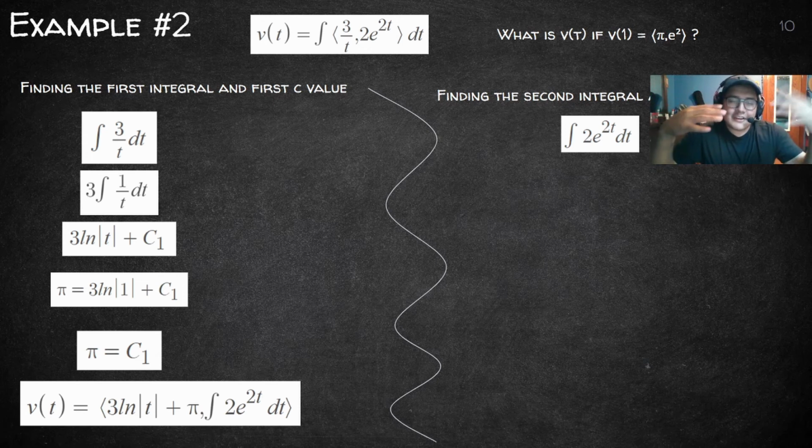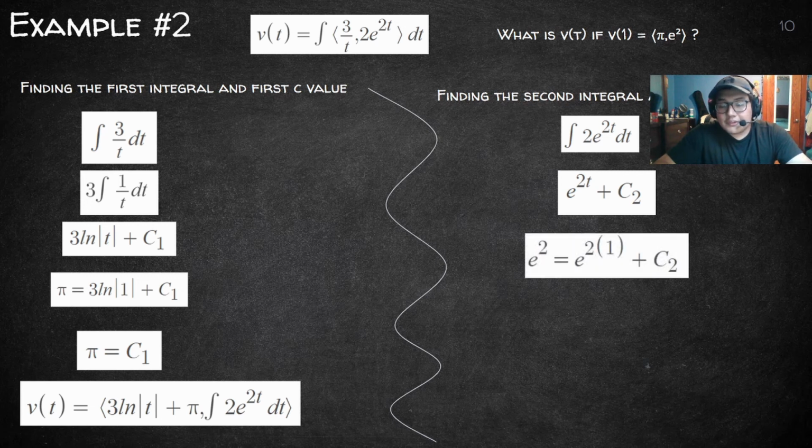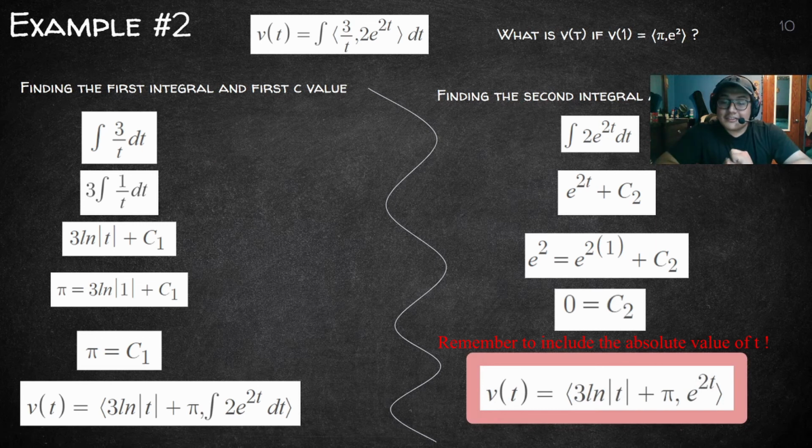It's kind of like dividing by 2, in a way reversing it. So it would just be e to the 2t plus c subscript 2, and that is correct. If you take the derivative to check and substitute the values, it's just 0, no c value, unfortunately. And our answer is v of t is equal to 3 natural log of t plus pi, e to the 2t.